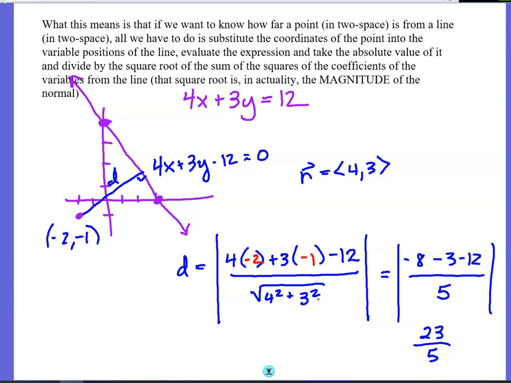So the distance between this point and this line is a length of 23/5. Pretty crazy, okay? We're going to talk about how you can decide, if I had another point, whether it was on the same side of the line or the opposite side of the line, but that will come later.